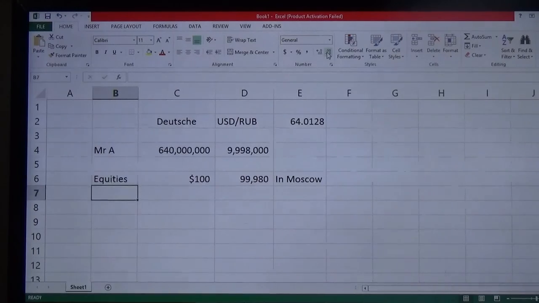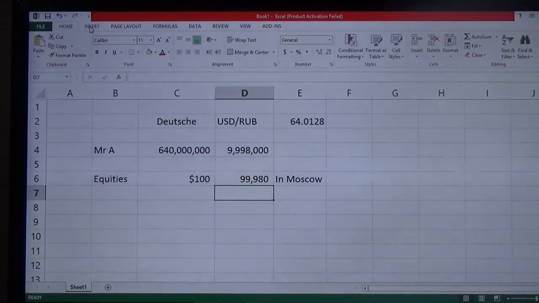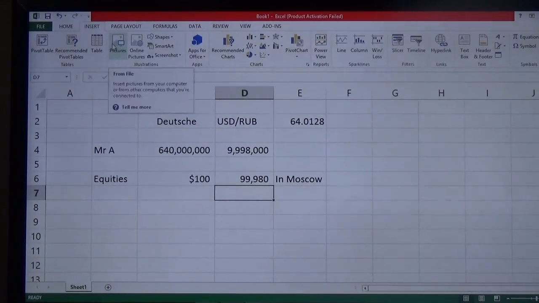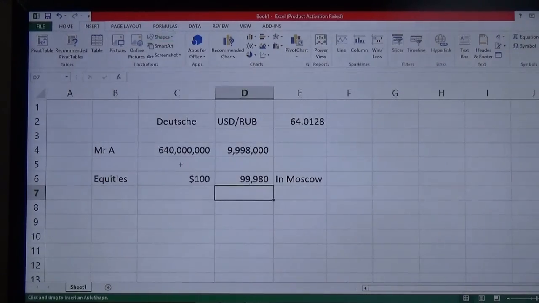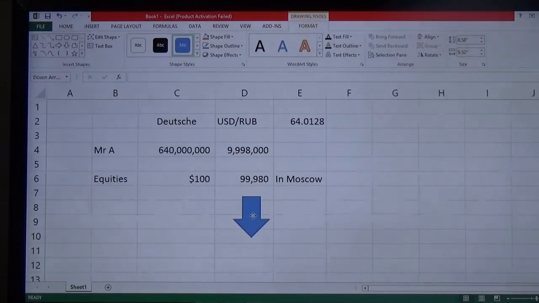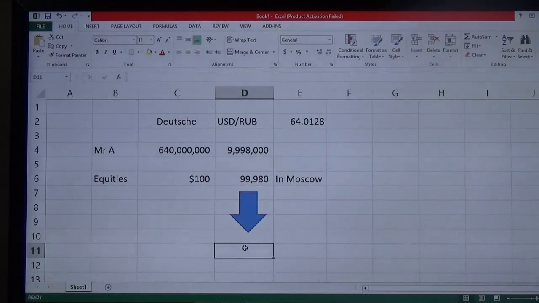Now these equities would transfer to London.